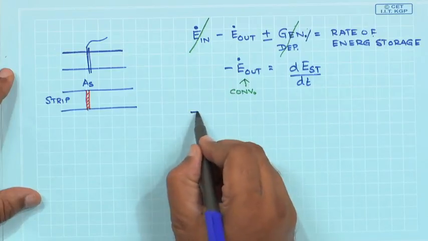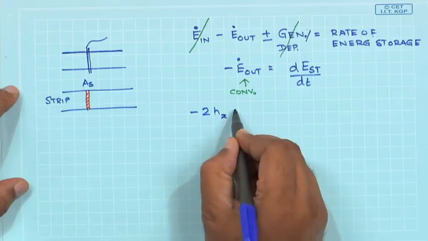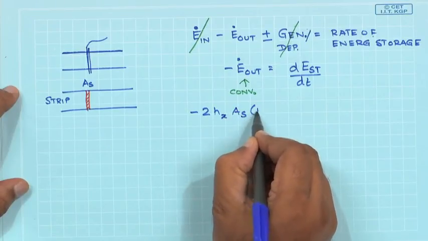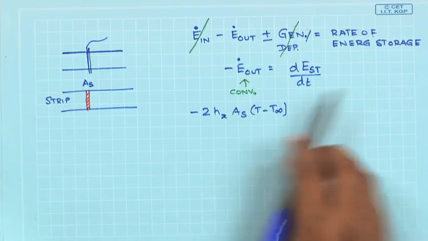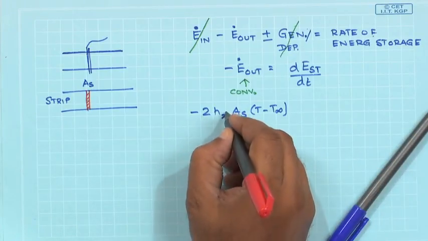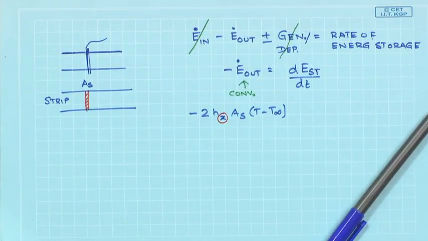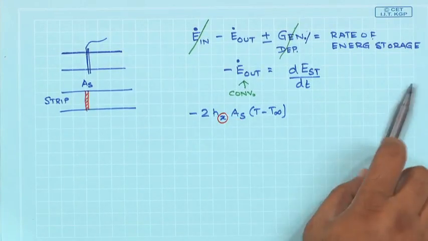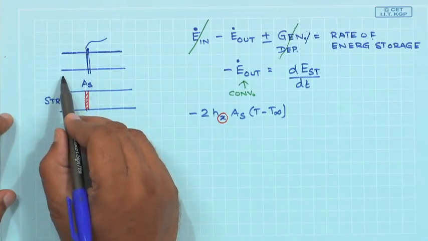So, the energy out in Newton's law, note that I have written h suffix x. The x denotes that we will have the variation of h with axial location.